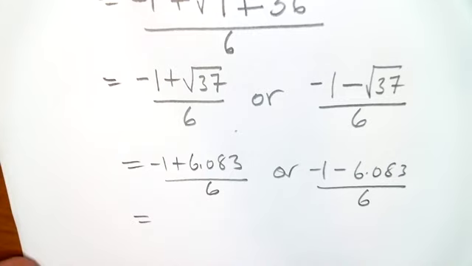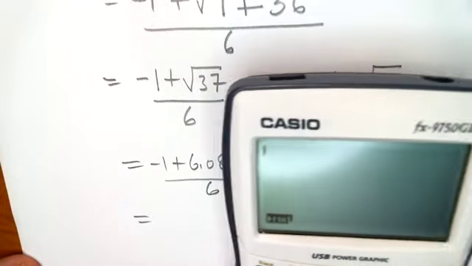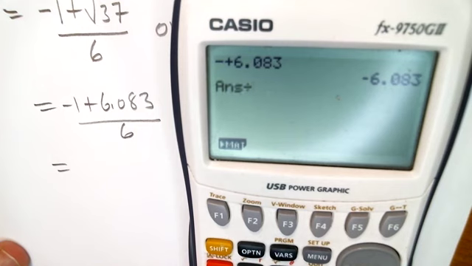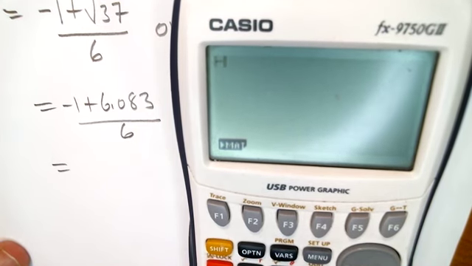So I've got the first bit. I'm going to have negative 1 plus 6.083. Oh wait, that didn't happen. Why did that happen? Negative 1. It didn't work.